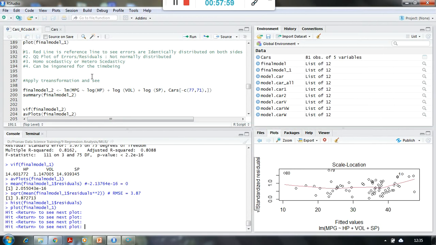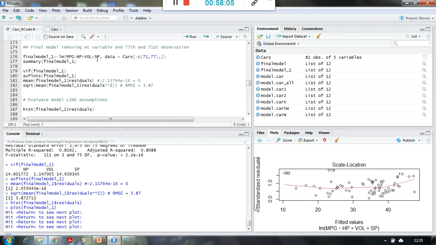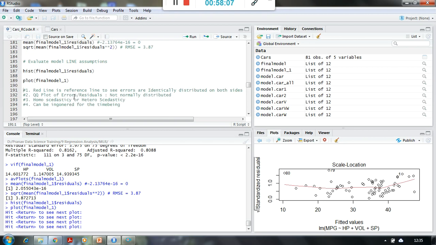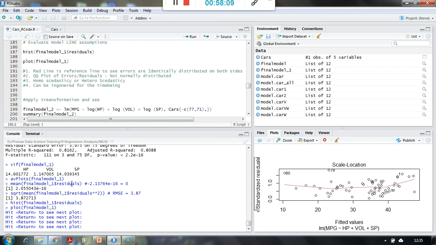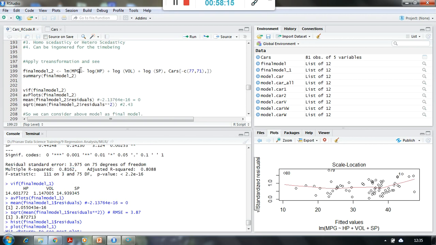And that is why, once my modeling has been done, as far as my decisions about deletion of variables and observations, etc., if I want to better the model, what are the other options I have? I can go ahead and do the transformation. We have seen 4-5 different transformations in our simple linear regression model.